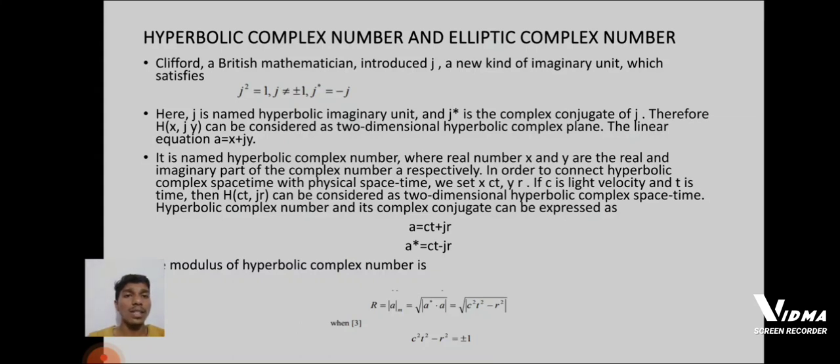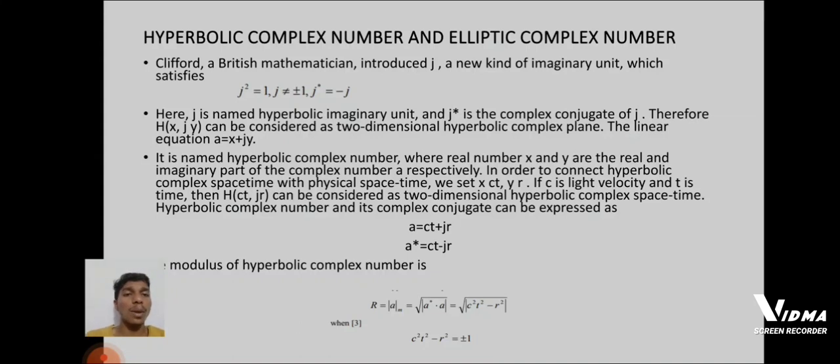Then H(ct, jr) can be considered as two-dimensional hyperbolic complex space-time. The hyperbolic complex number and its complex conjugate can be expressed as A equals ct plus jr and A star equals ct minus jr.